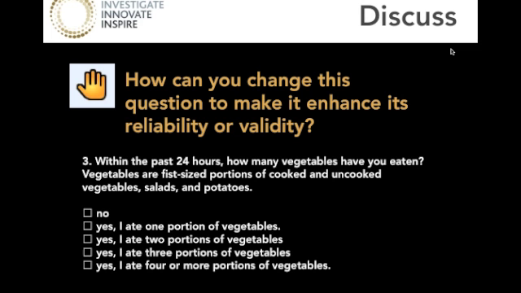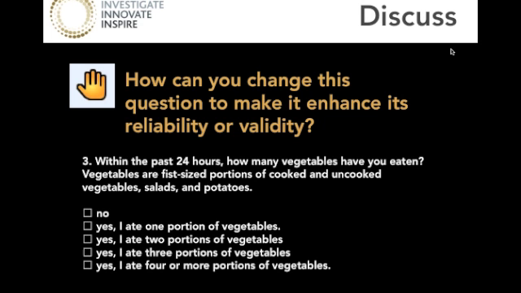Well, one of the aspects I was thinking about is that I would not have within the past 24 hours, because I need to collect data spanning a time period to understand healthy eating habits, if that was my purpose for this question. I'm also not sure about the words salads and potatoes.